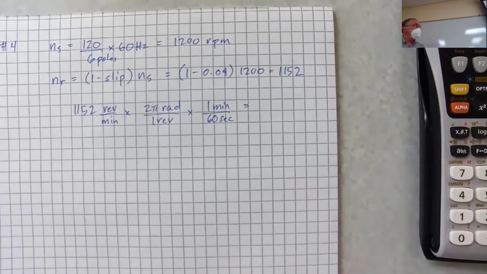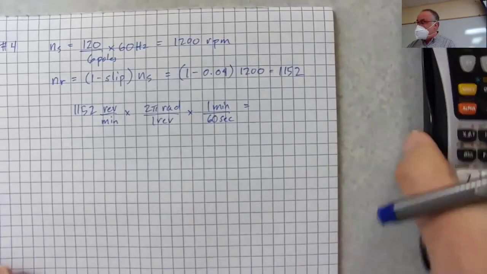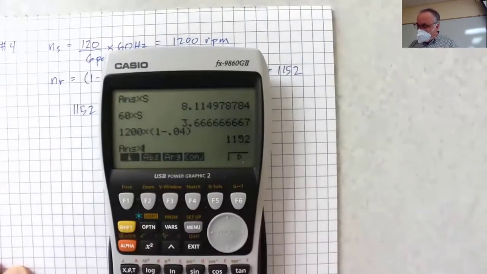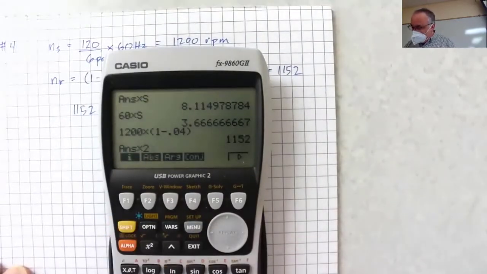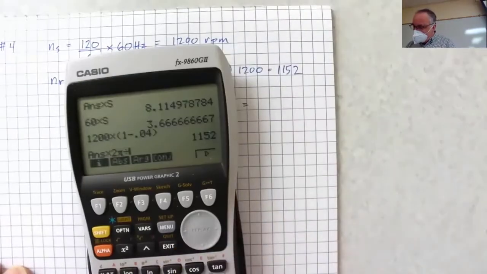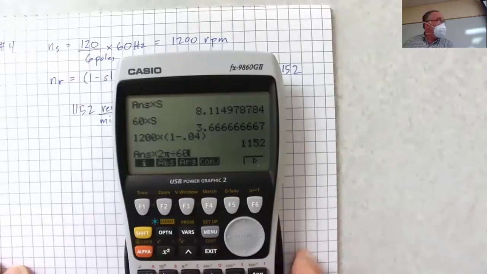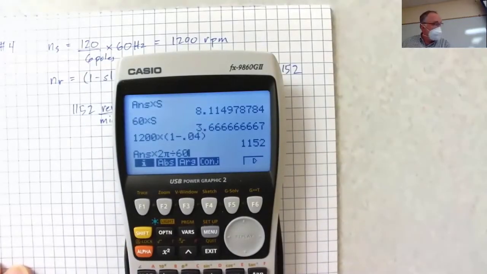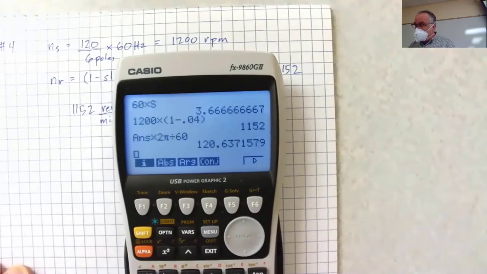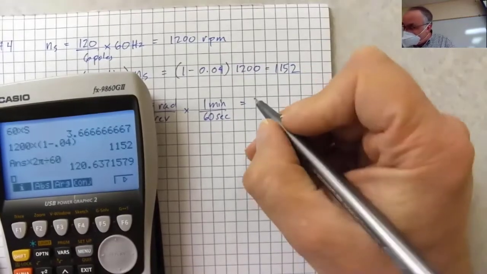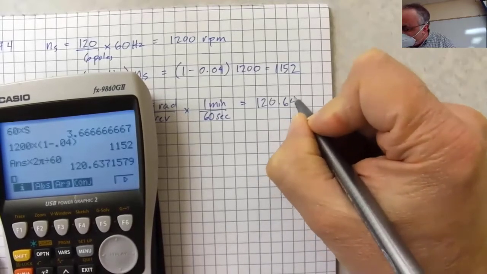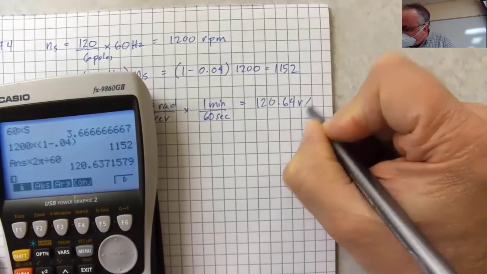Looks good? Tastes great, less filling? Okay. Times 2 pi divided by 60. That gives 120.64 radians per second.